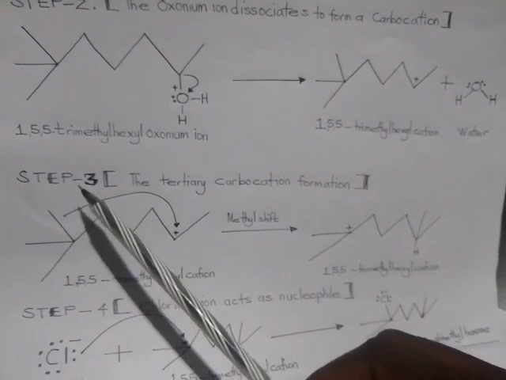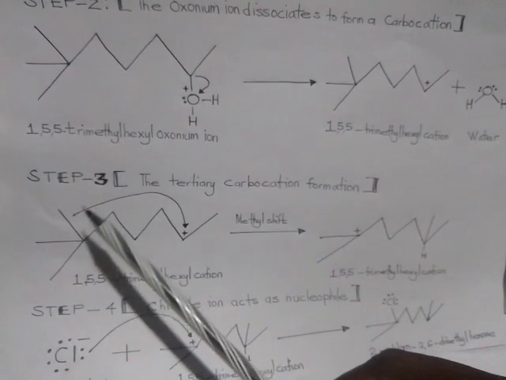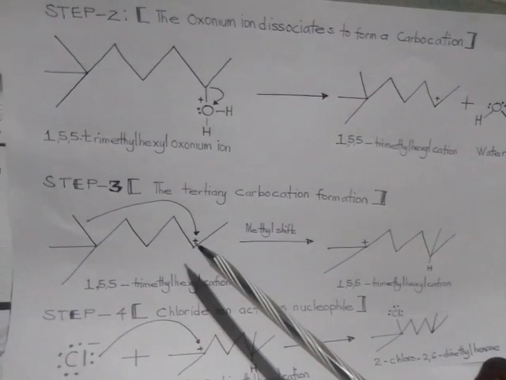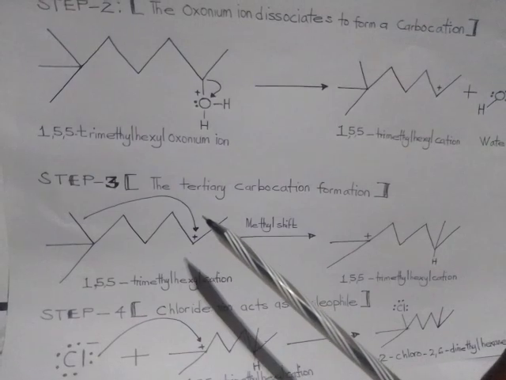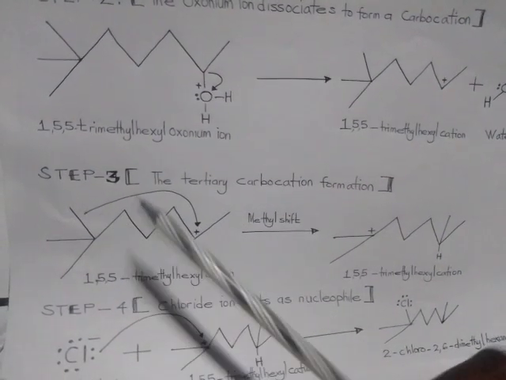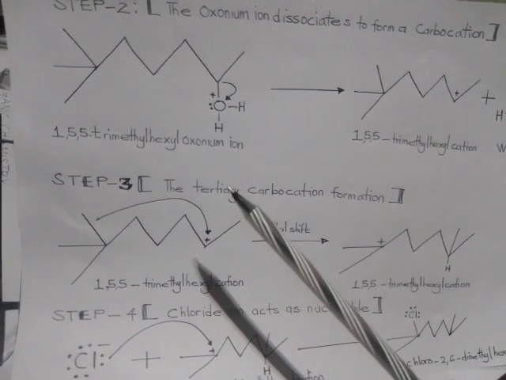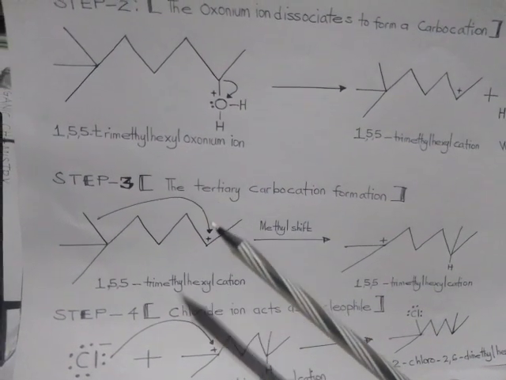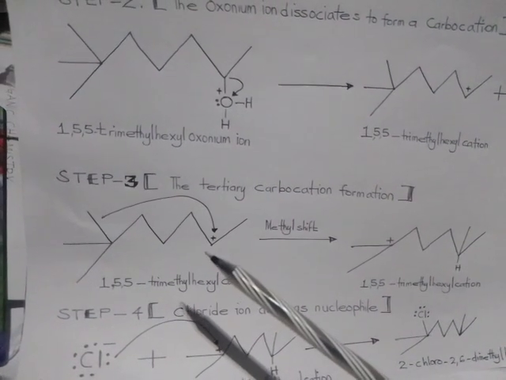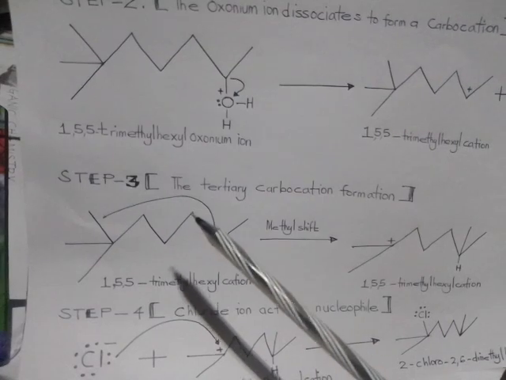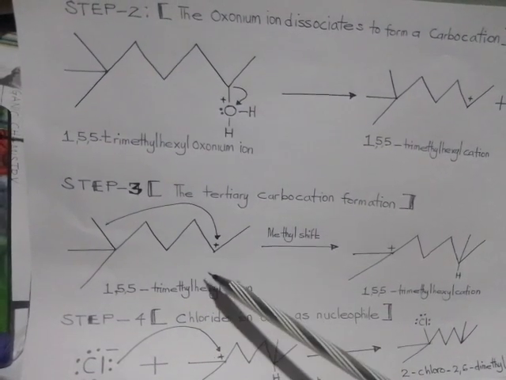So now, as you can see in this step 3, the methyl group that is attached to this carbon here we shift to where the carbocation is. So now when this group gets attached, there will be bond formation, and once there is bond formation, it indicates that there is no cation anymore, because here is carbon and here is a hydride.